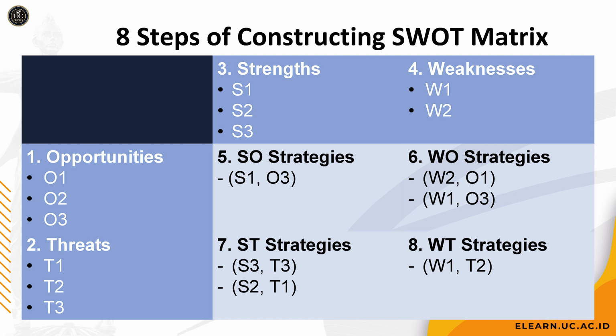For the ST strategy, you use the strengths of your company to eliminate or at least reduce threats coming from the external environment. The WT strategy is any initiative or action that your company can take to reduce weaknesses and also avoid upcoming threats.